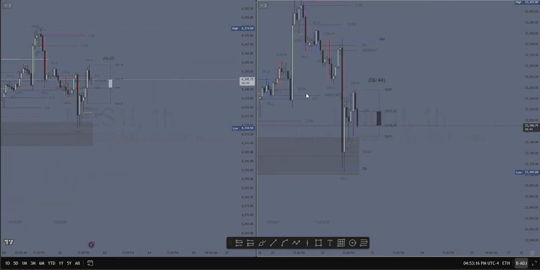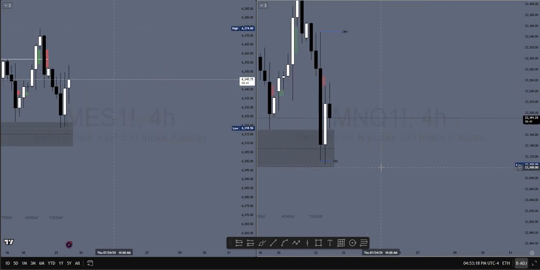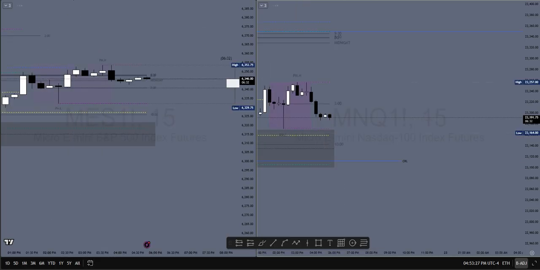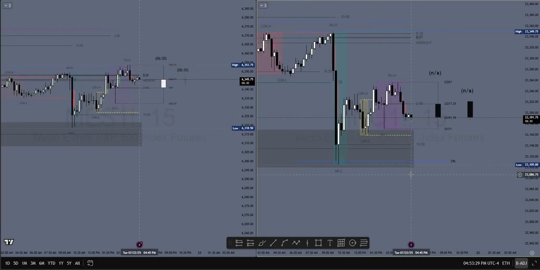So what you can do, you can use other fib tools to measure out on where price will end up coming into. I'm gonna keep some information exclusive.